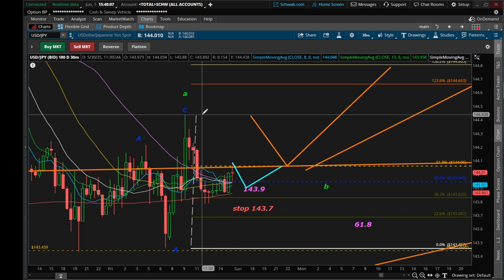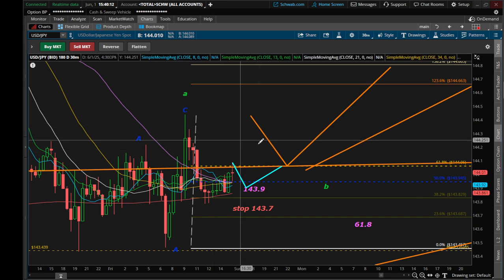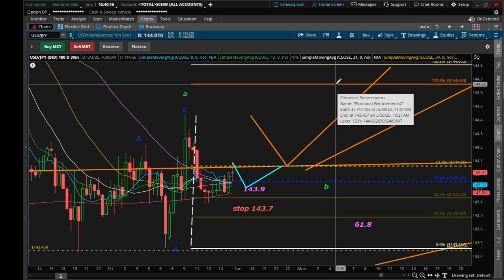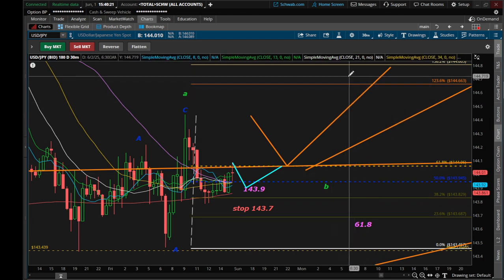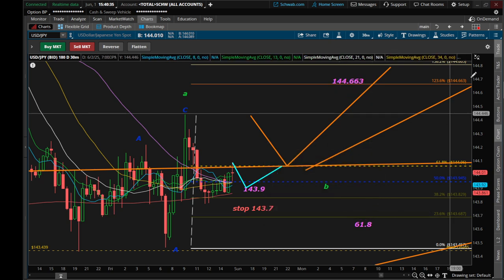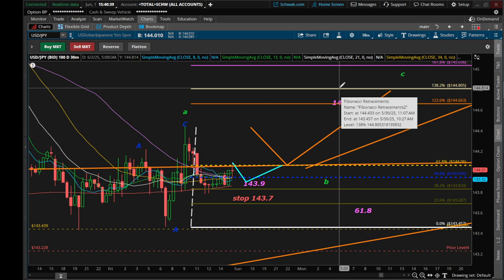Obviously, the first target is 144.43, which is this leg. But if we get in at 50% or 61.8, then odds are 144.63 would be the next target. And then, if it passes each one, then you raise your stop loss, and we go to the next fib, which is 144.